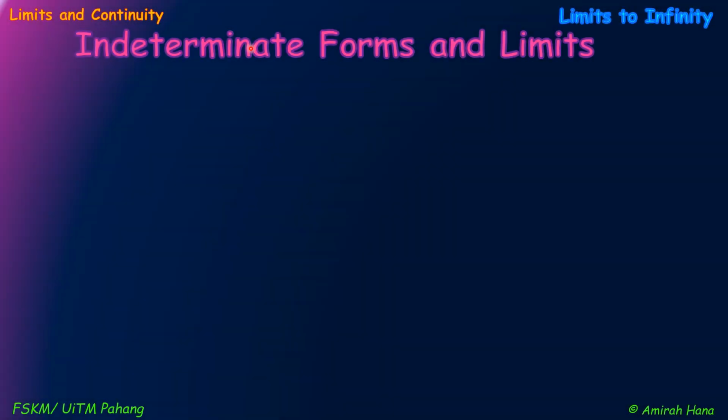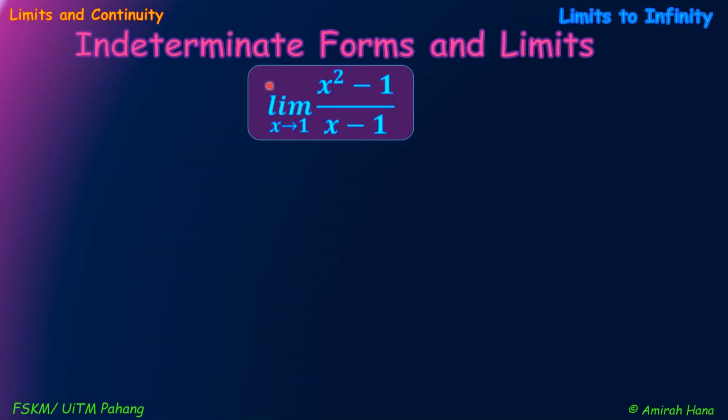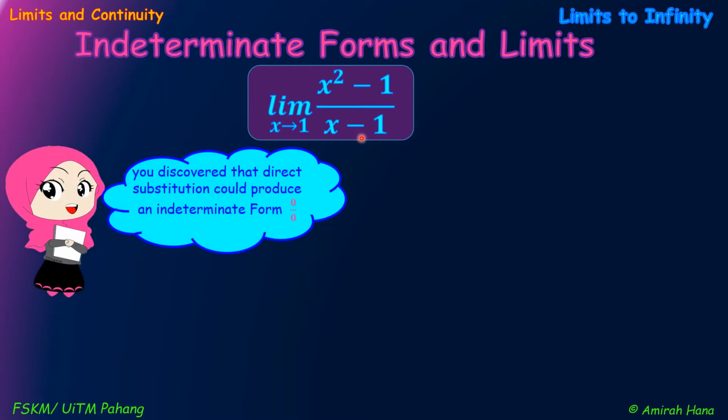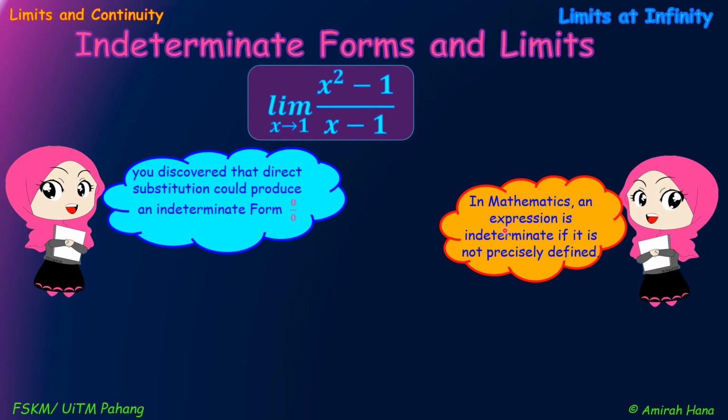In the previous section, you studied limits such as limit x approaches 1, x squared minus 1 over x minus 1. You discovered that direct substitution could produce an indeterminate form 0 over 0. In mathematics, an expression is indeterminate if it is not precisely defined.